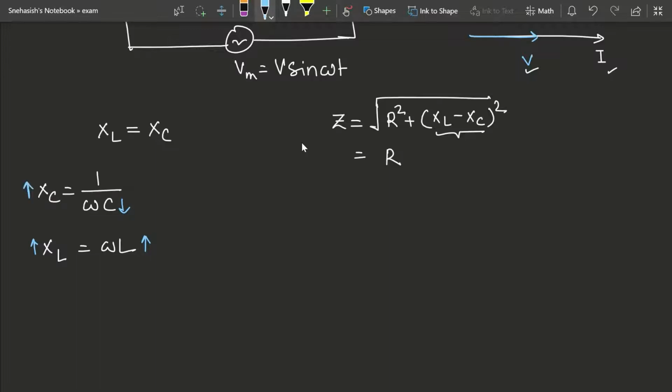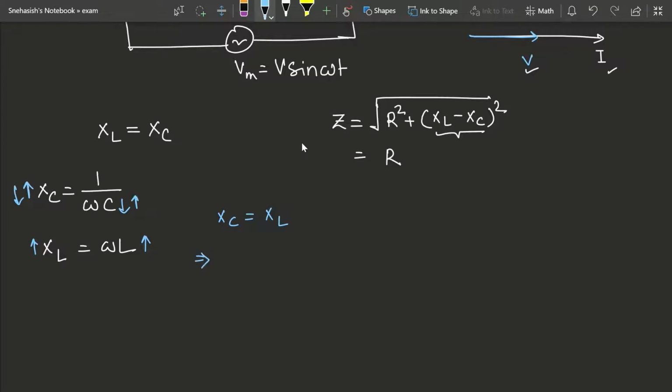Or we can say that when C increases, XC will decrease. Now after some time they both will be equal, that is XC will equal XL.